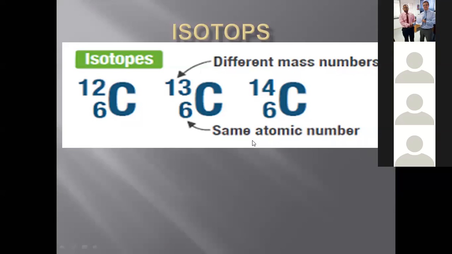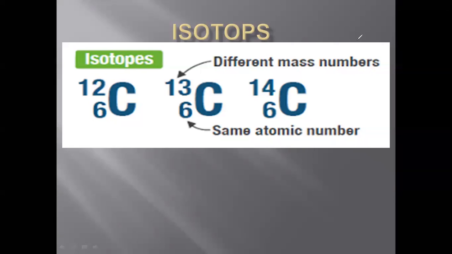So what does it mean for me? It means the following. In the first example here, I have 6 proton and 6 neutron.